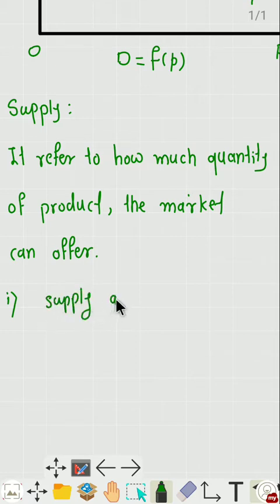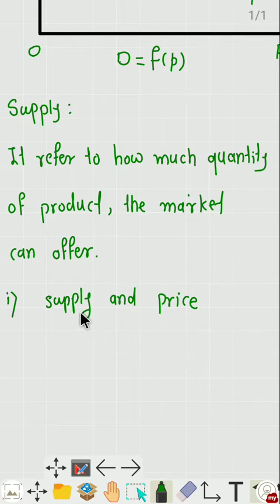There is a relationship between supply and price. Therefore, the relevant supply function can be defined.